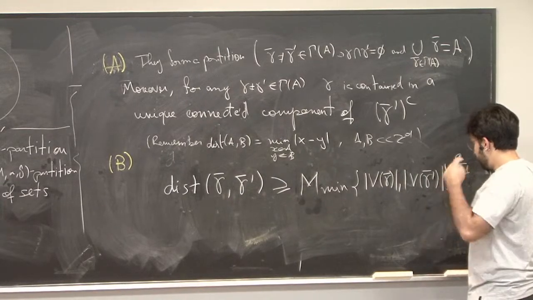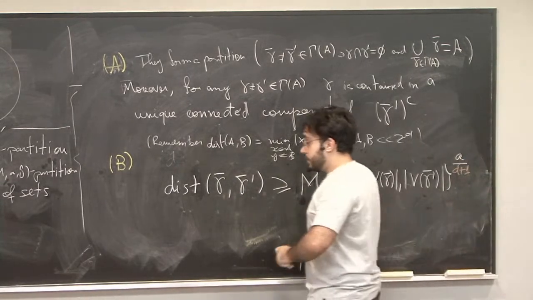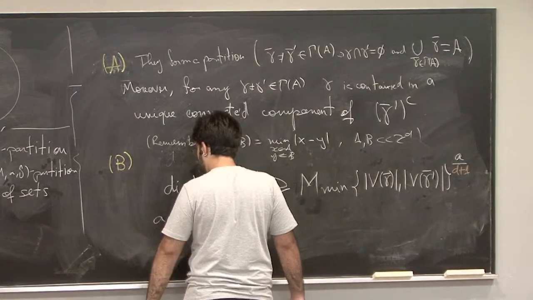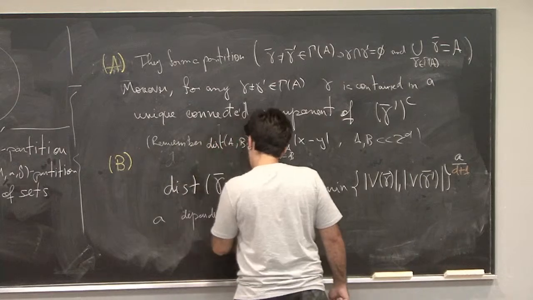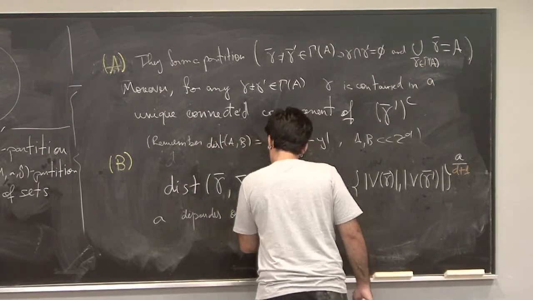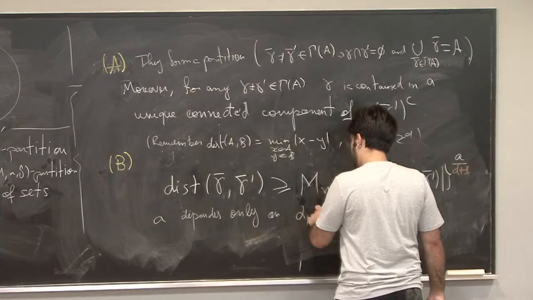And A is a parameter that depends only on alpha and d.